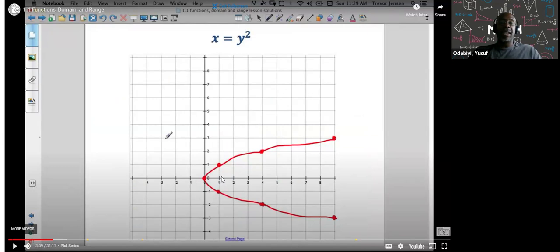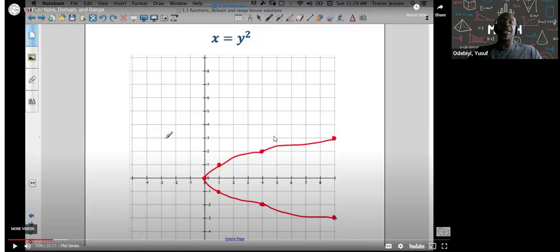You can see if x is 1, well, y could be 1 or it could be -1. If x is 9, that means y could be 3 or it could be -3. Okay. So this is not a function.